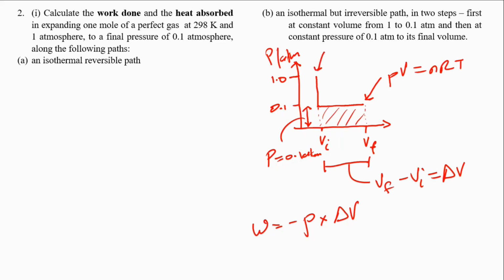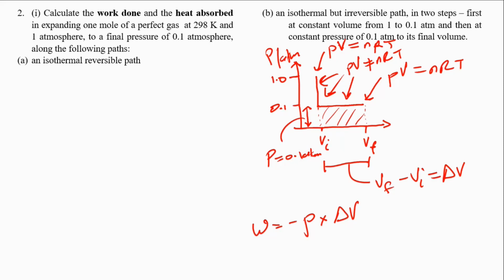Up here, which is the initial stage, PV is equal to nRT. However, in the middle and the other areas, PV is not equal to nRT. And this is because it's an irreversible process.